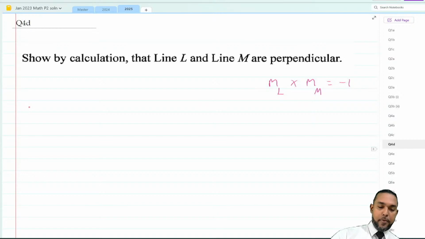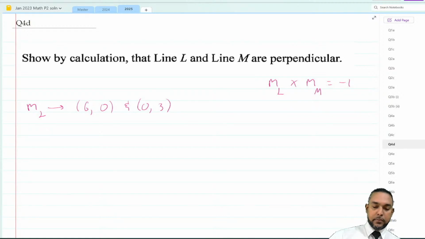All right? So for the gradient of L, we're going to use 6, 0 and 0, 3. So again, x1, y1, x2, y2.